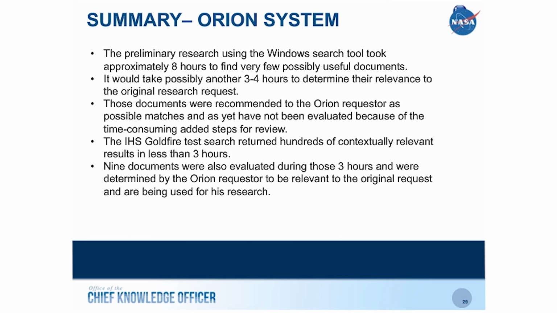So in summary, the preliminary research took 8 hours and another 3 or 4 hours of actually determining whether the user could make any kind of use of that information, and it really returned nothing. So 12 hours lost for both an engineer and a librarian. When we utilized the Goldfire search, we were able to find hundreds of contextually relevant documents, 9 that were very helpful, within the first 3 hours.